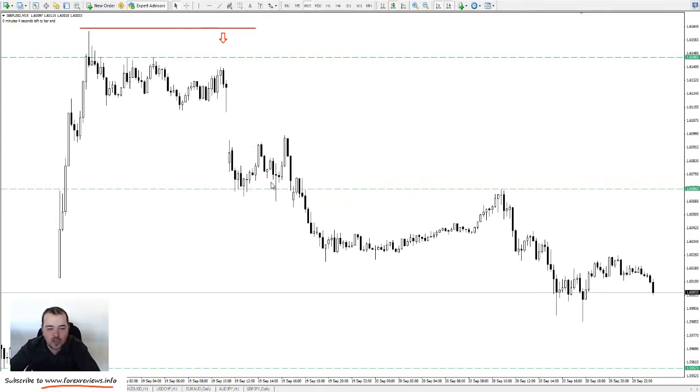Now, as we all know, what usually happens is we broke this level and price will come up, forcing a lot of the sellers out of the market, comes back to this previous support, like a minor support area, and then we get a sell-off, right?